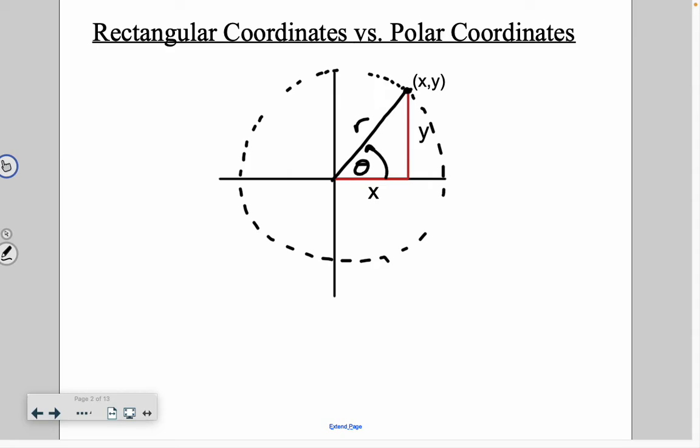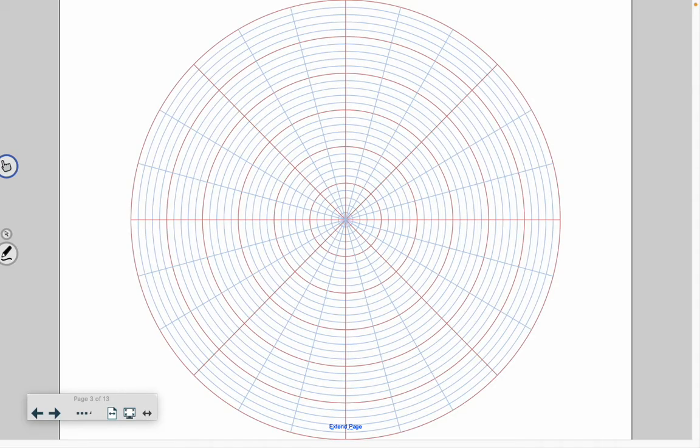Over break, I put together some polar coordinate graph paper for you that I'll give you. Here's the general idea of what it looks like. Now, this is way more than what you're going to have, but the idea is this. These are a whole bunch of what are called concentric circles, just circles inside of circles.